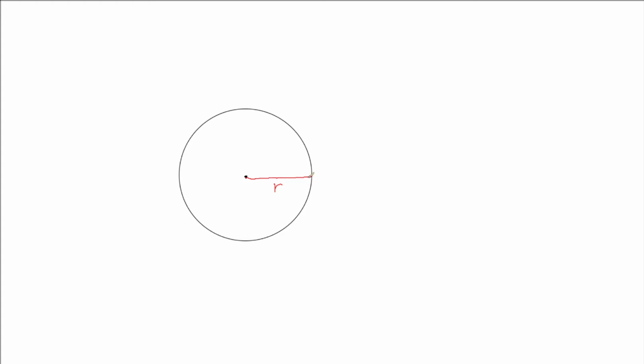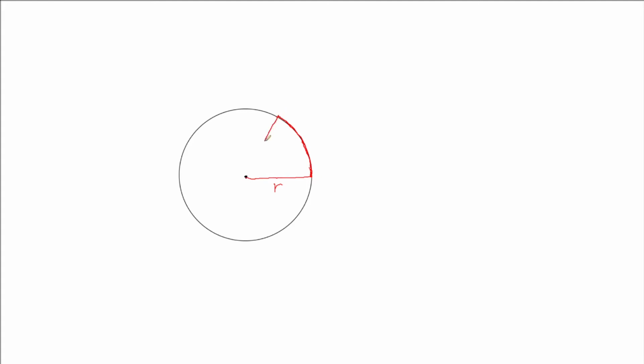I'm going to take the same distance and draw it around the circumference of the circle. This action will get us to rotate effectively around the circle.